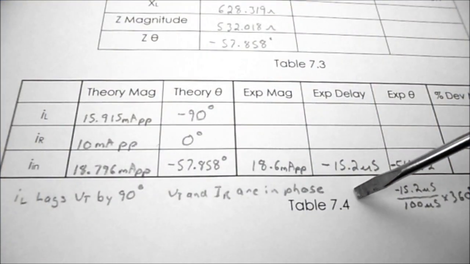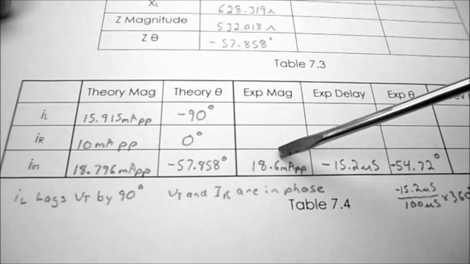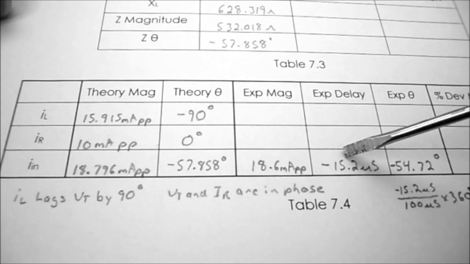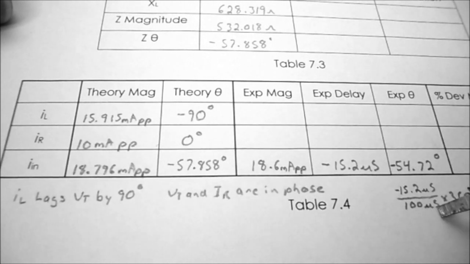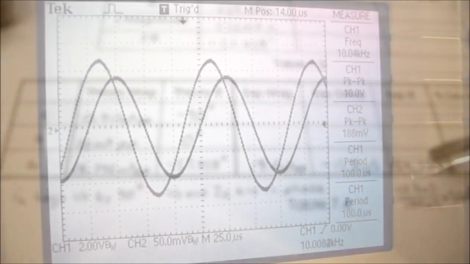So filling in table 7.4 for IN, I've got 18.6 milliamps peak to peak. I had an experimental delay of minus 15.2 microseconds divided by 100 microseconds times 360 degrees gave me a phase angle of minus 54.72 degrees.